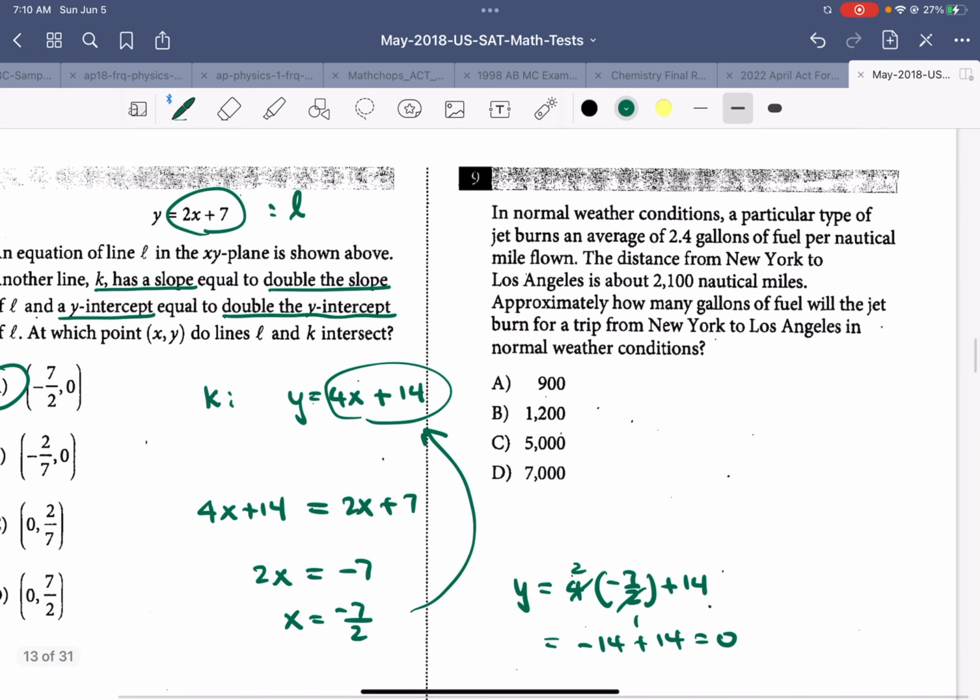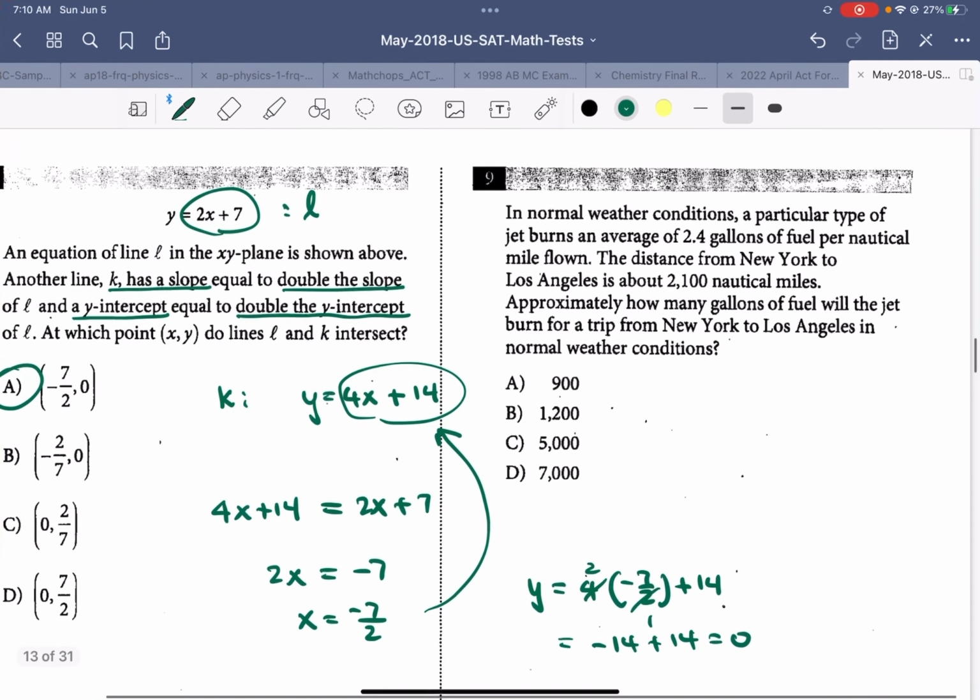Number 9, in normal weather conditions, a particular type of jet burns an average of 2.4 gallons of fuel per nautical mile flown. And the distance from New York to Los Angeles is about 2,100 nautical miles. They give you the distance.